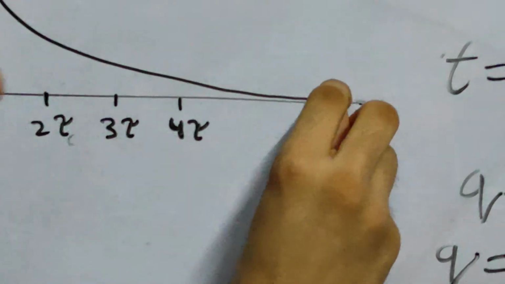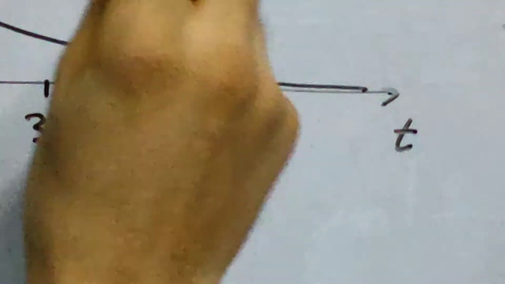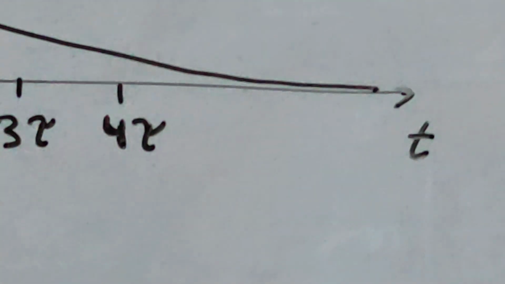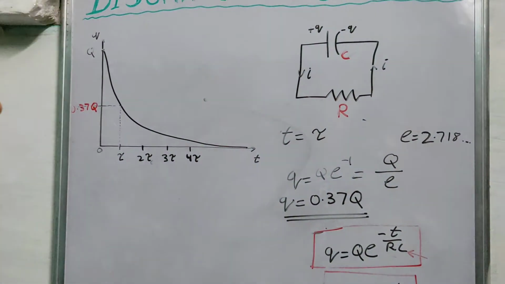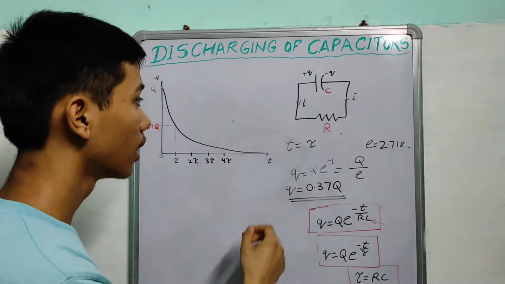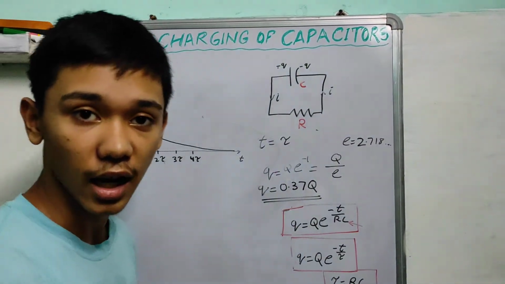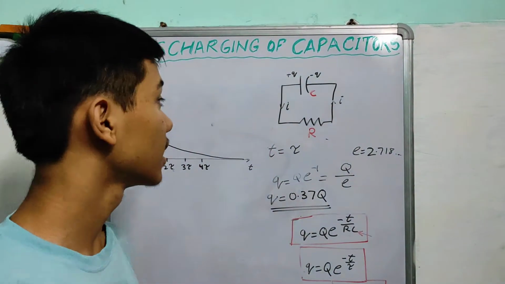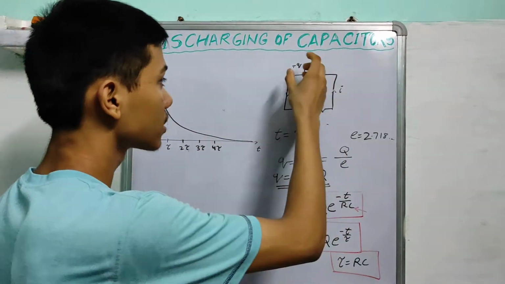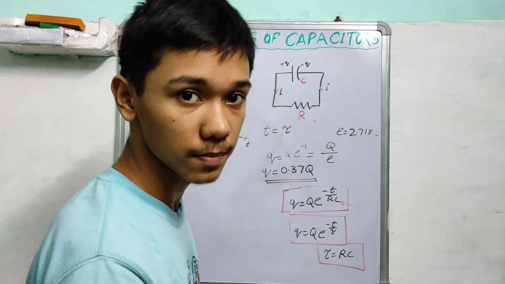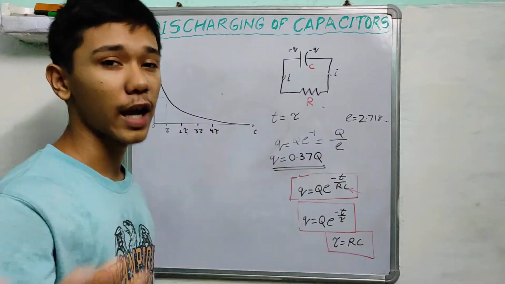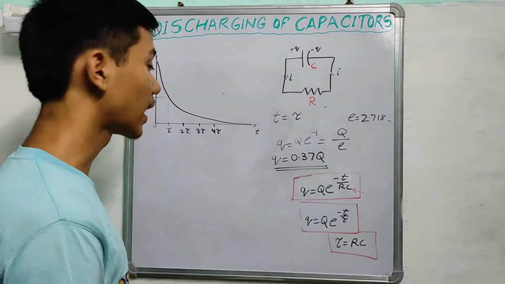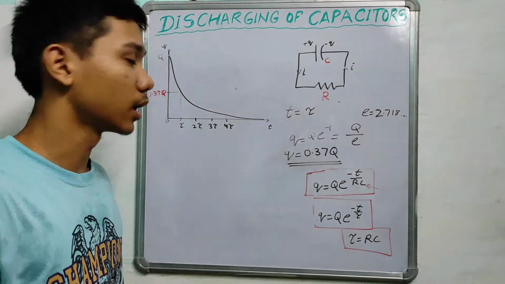This line will come closer and closer and closer, but it won't touch. So we say it touches at infinity. What can you conclude? That in theory, a capacitor gets discharged after an infinite amount of time. But in practice, it takes about 4 to 5 time constants for 99% of discharge. That's what we use.